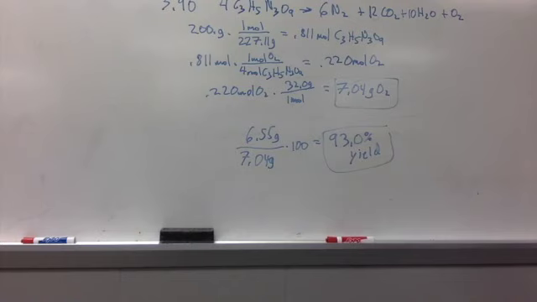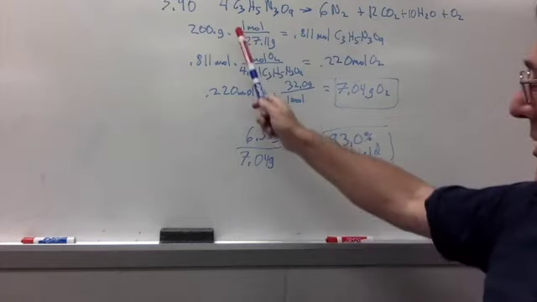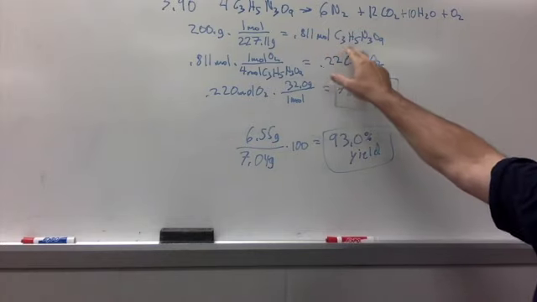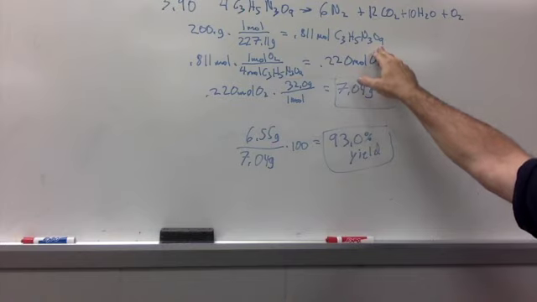A. What is the maximum amount of O2 in grams that can be obtained from 2.00 times 10 to the second, or 200 grams of nitroglycerin? First, change 200 grams to moles. C3H5N3O9 adds up to 227.11 grams. That gives me 0.811 moles of C3H5N3O9.